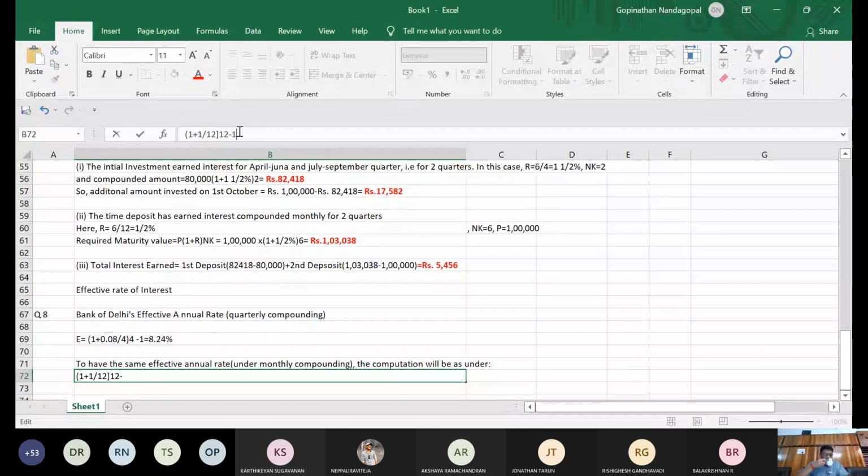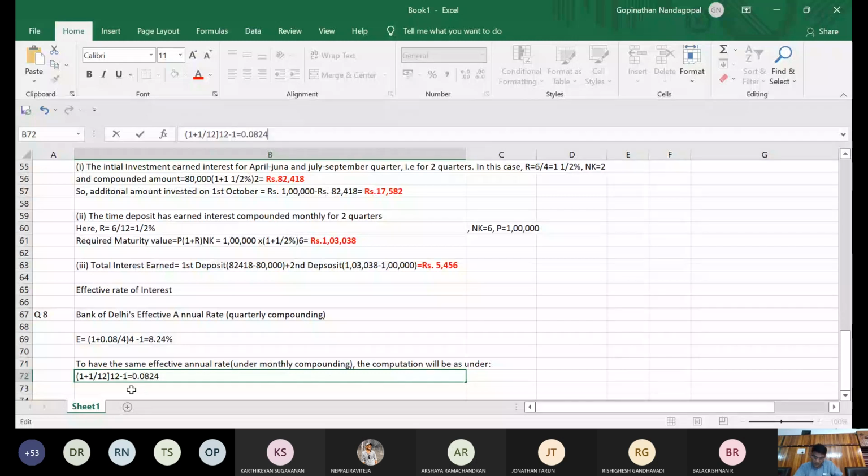Somebody give me the calculation of this, which is equal to the already calculated value, 0.0824.